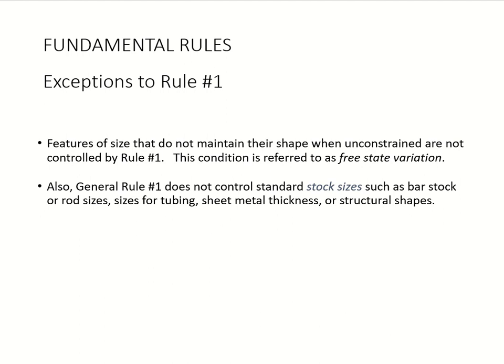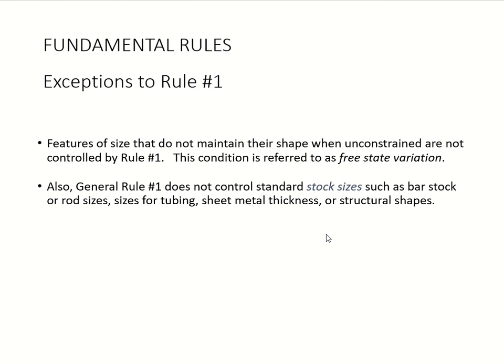Exceptions. Exception number one is free state variation. As you know, even though we try to keep the part size within the tolerance zone, you have a condition called free state variation. At that time, the features of size don't maintain their shape.